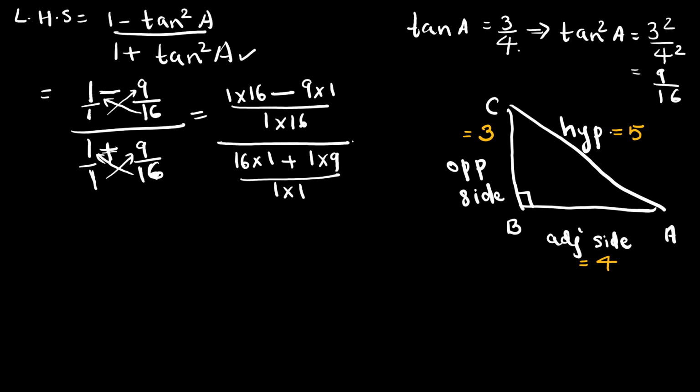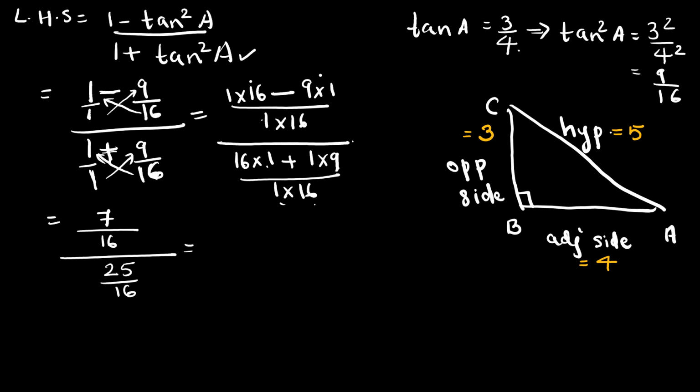This is equal to 16 minus 9, which is 7, divided by 1 into 16 is 16, divided by, here again, 16 plus 9, 25, divided by 1 into 16, that is 16.